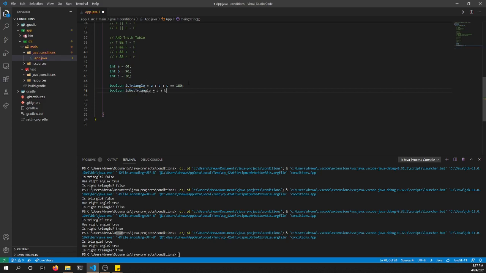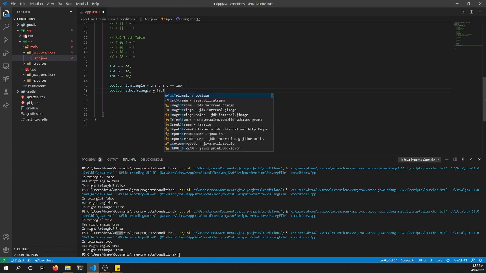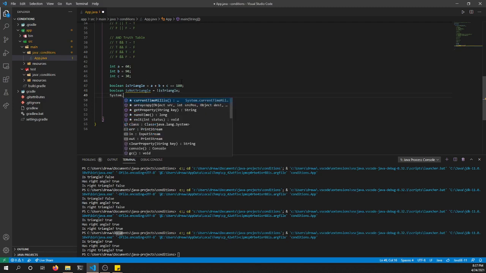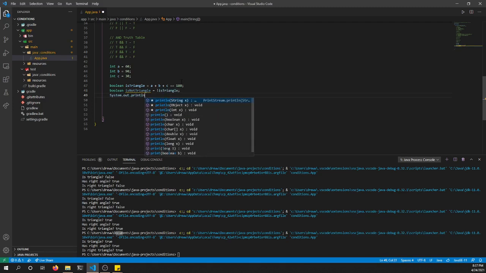We could have said A plus B plus C not equal 180. That would tell us, is this not a triangle? But the simpler way to do it is just say bang is triangle. And we can print that out. System out println is not triangle.